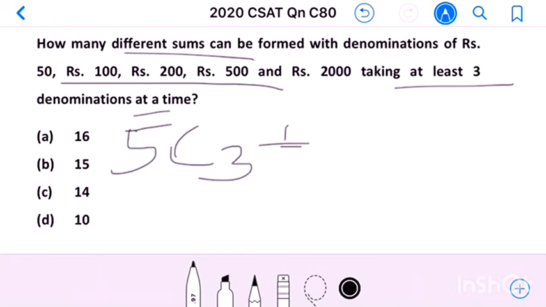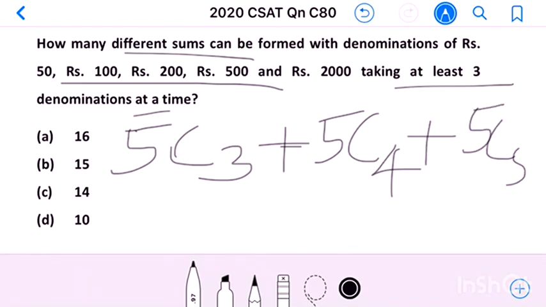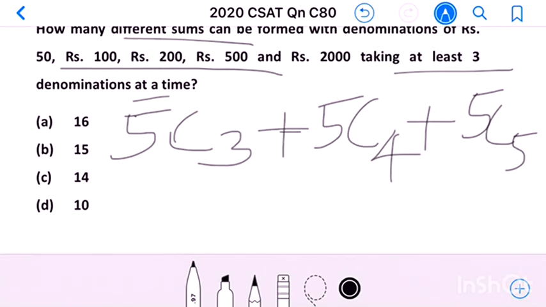Then at least 3 denominations. That means we can also have 4 denominations as well as 5 denominations. So we can take 4 denominations out of these 5 in 5C4 ways and 5 denominations at a time in 5C5 ways. These are combination equations.